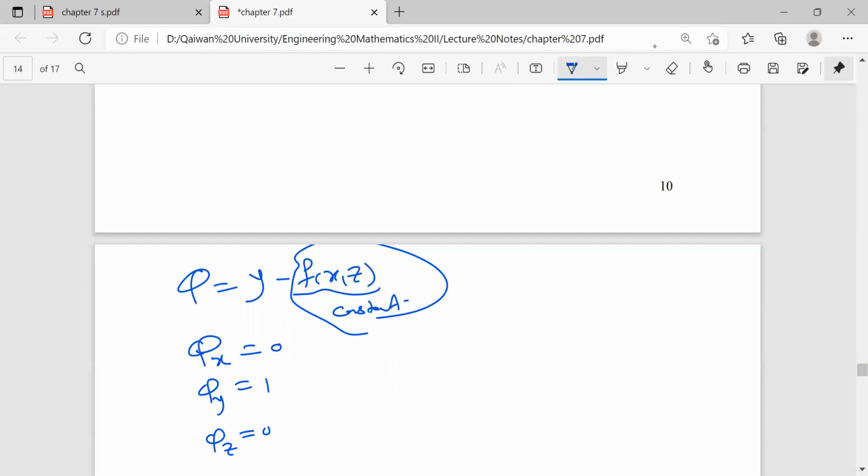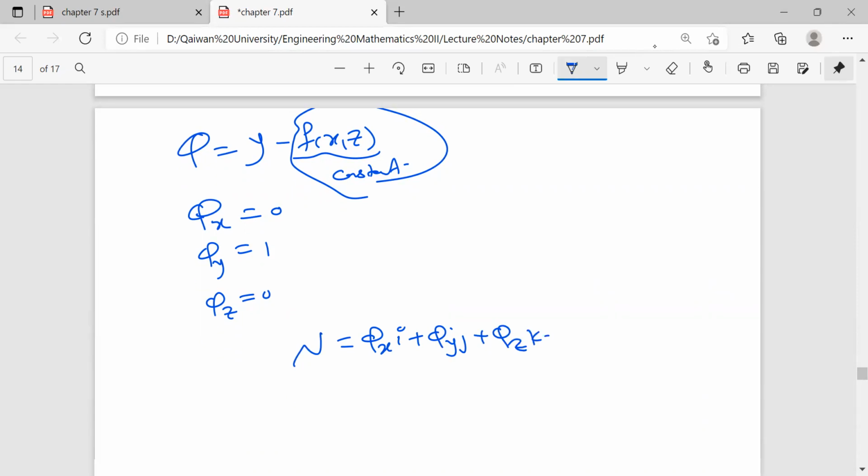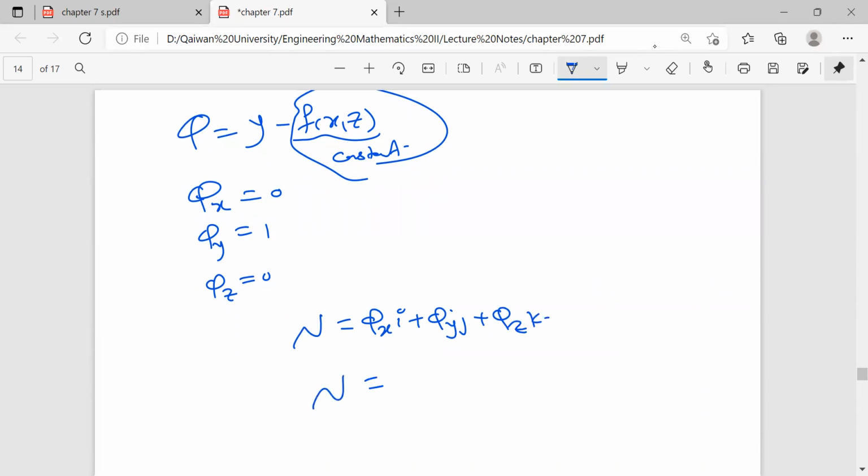So n is phi sub x i plus phi sub y j plus phi sub z k, which is 0, 1, 0. We get only 1 j.